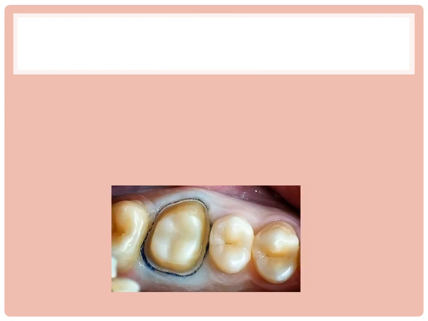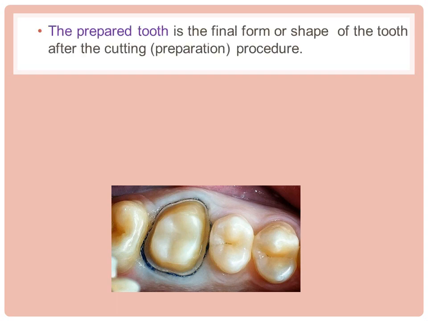Now we will talk about the finishing line. As you see in this picture, we see a prepared tooth. What I mean by a prepared tooth is the final form or shape of the tooth after the cutting procedure.